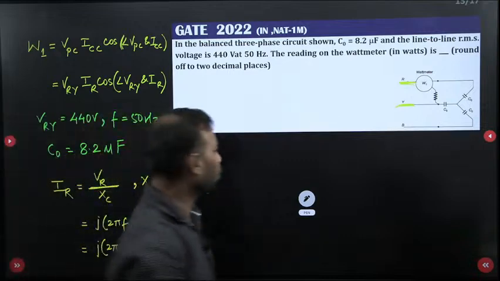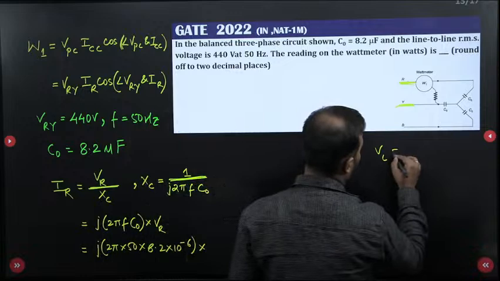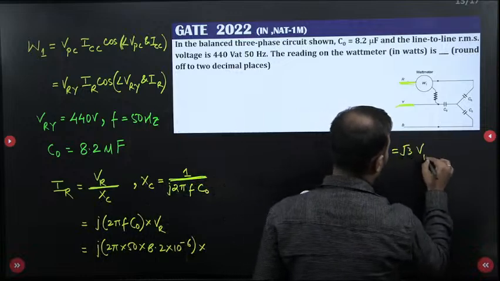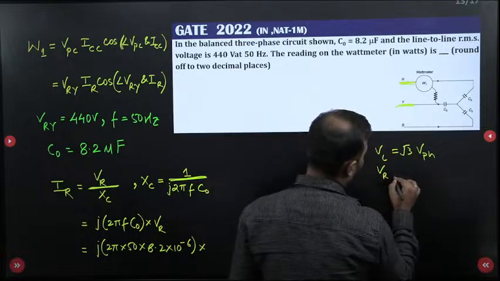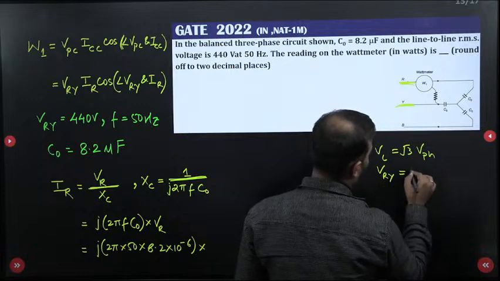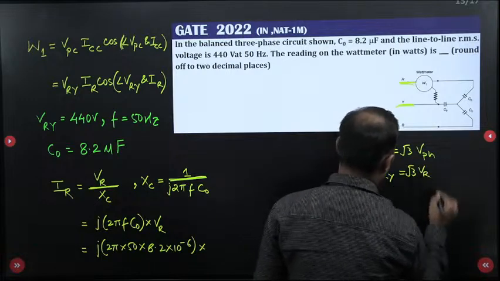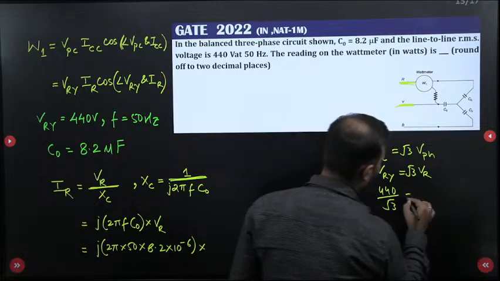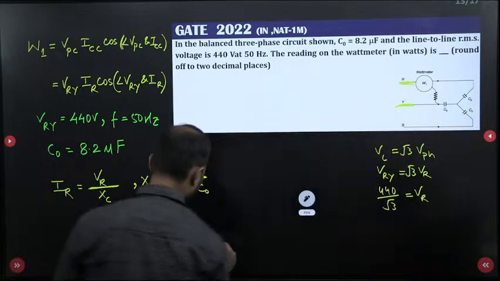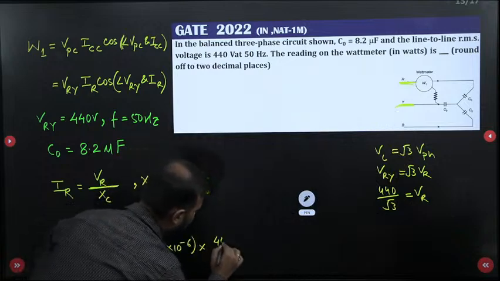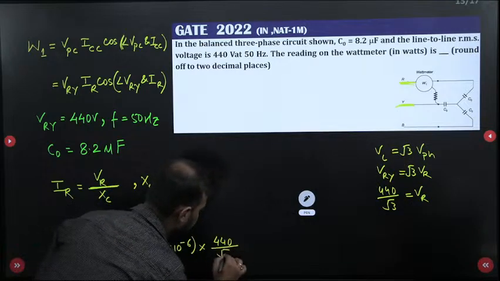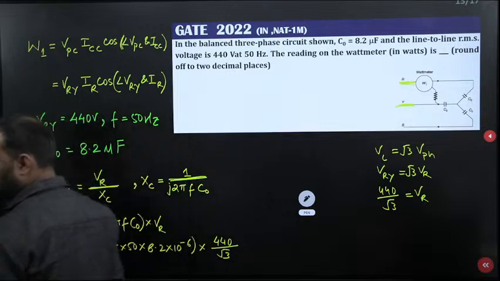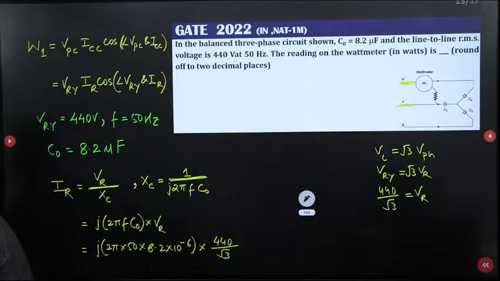By dividing it by root 3. We know that VL is root 3 times V phase. So VL is V RY and root 3 times V R. So this is 440, divide it by root 3, we will get V R. So substitute here, it will be 440 by root 3. So what value are we having? Just a second, let me see.